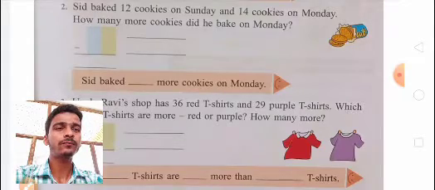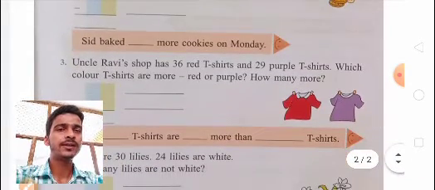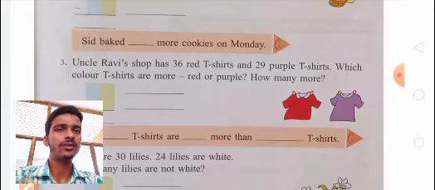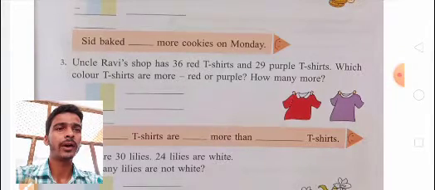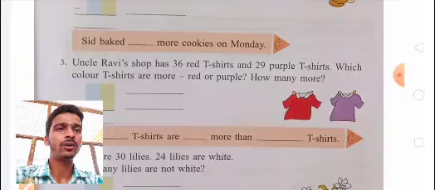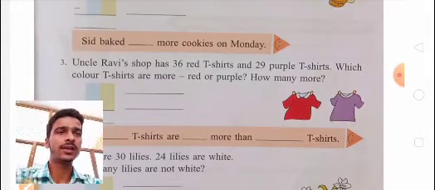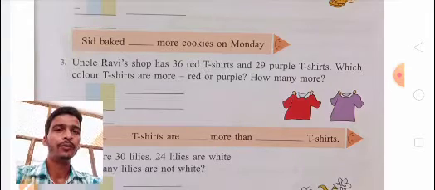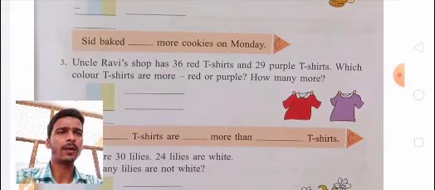Now the third question is: Uncle Ravi's shop has 36 red t-shirts and 29 purple t-shirts. Which color t-shirts are more, red or purple? How many more?